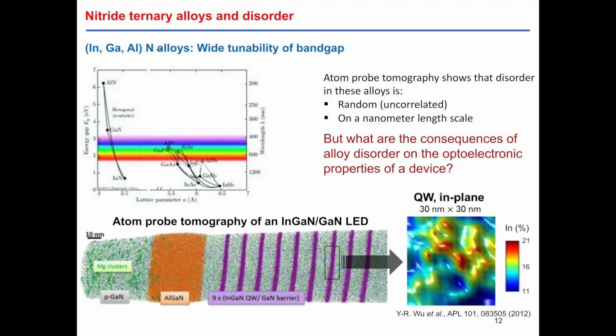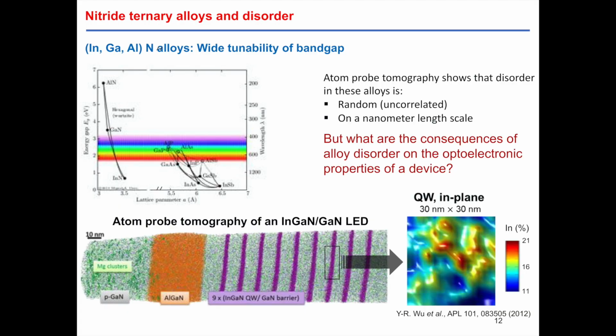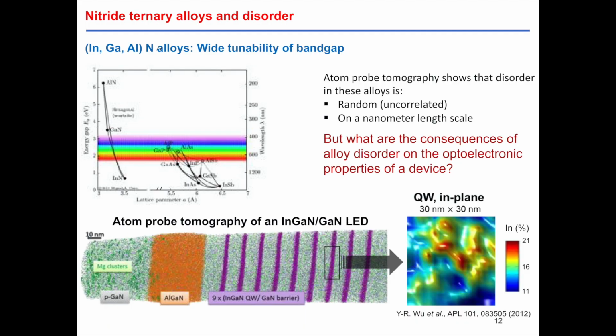I told you that we are doing heterostructures, so the grayish part is gallium nitride, large band gap material, and we inject carriers, electrons and holes, in the violet parts, which is the indium gallium nitride alloy. And when we look at the positions of indium atoms in those layers of indium gallium nitride, we find that those indium atoms are randomly positioned.